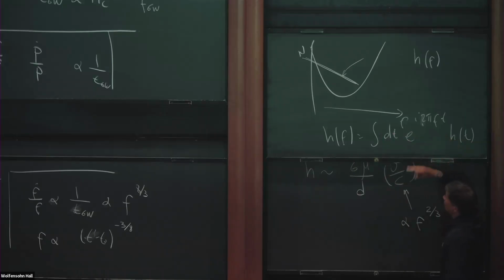So what sets the time scale is basically how fast the frequency is evolving. So what sets the time scale is the time derivative of the frequency. It's because there is a time derivative of the frequency that you only get a contribution for a small amount of time.